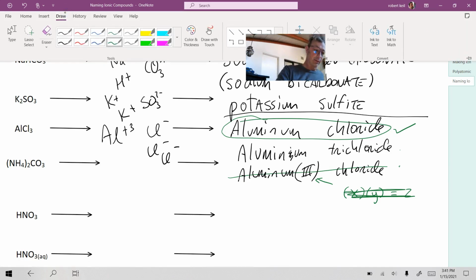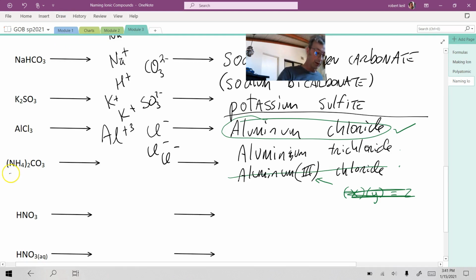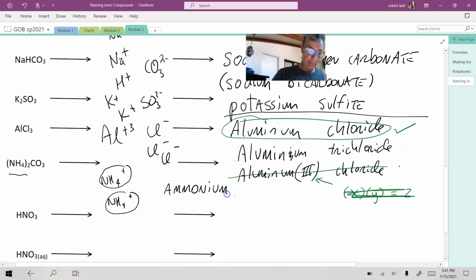So, okay, next one down is we got this kind of funny group. Now here we have a bunch of stuff in the front, and there's 2 of them. And if you remember that group, it's kind of obscure because it's the only polyatomic cation, positively charged. Right, there's 2 of them, and then there's carbonate. So that one's going to be ammonium carbonate.